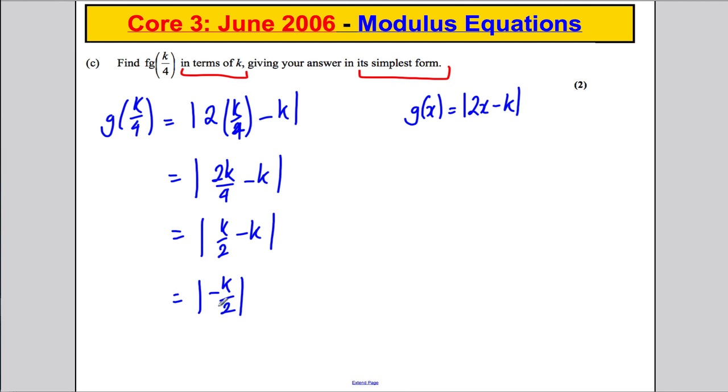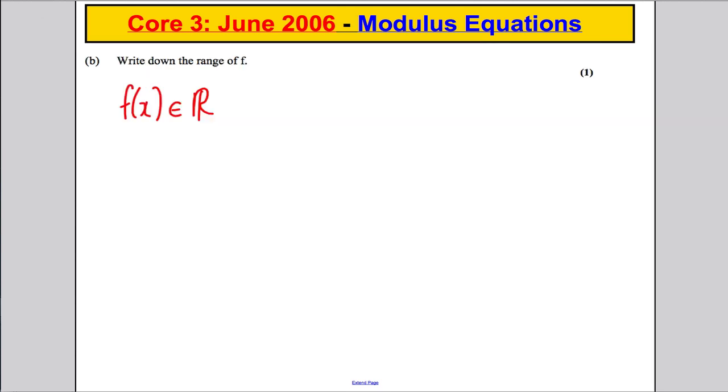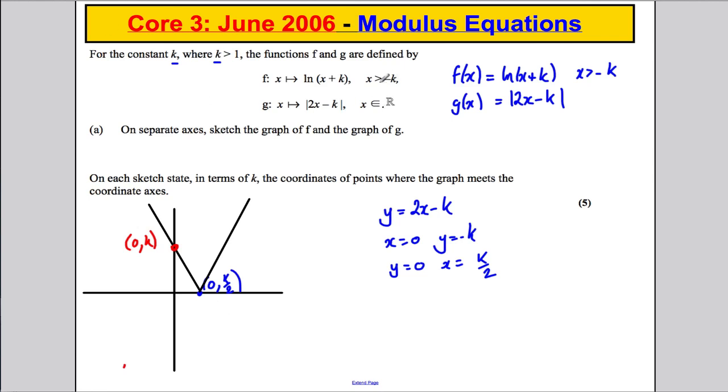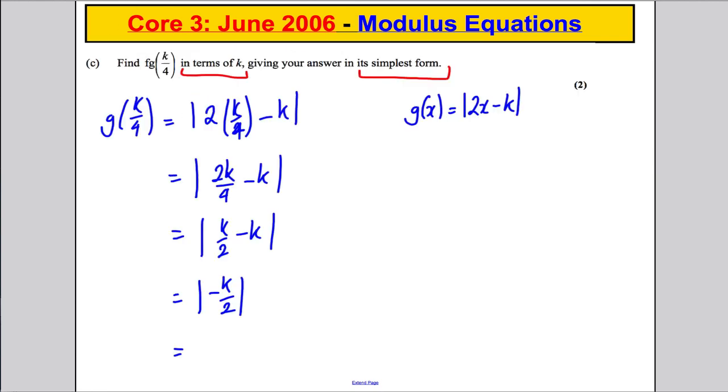But the modulus makes something positive, and we know k is bigger than 1, so g of k over 4 is simply k over 2.